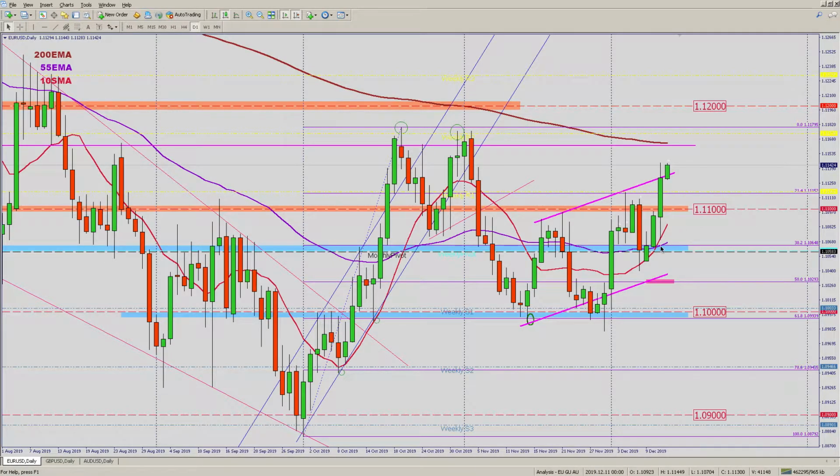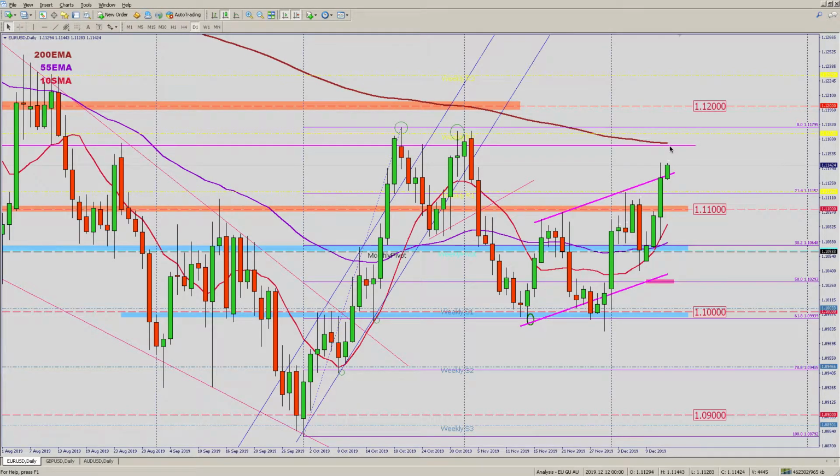And this was a bounce from the 10 SMA, and it punched through this 111 resistance zone and also through the weekly R1 pivot level.